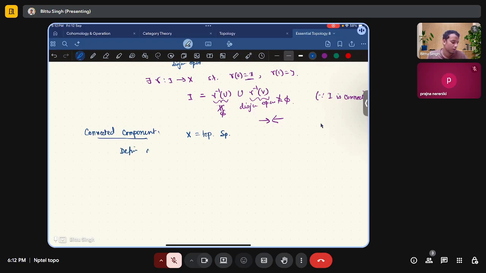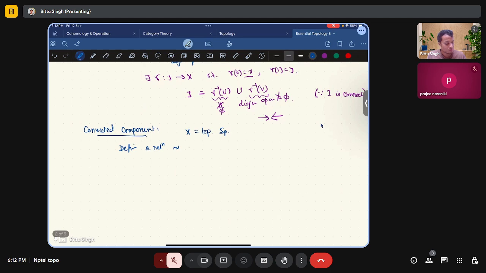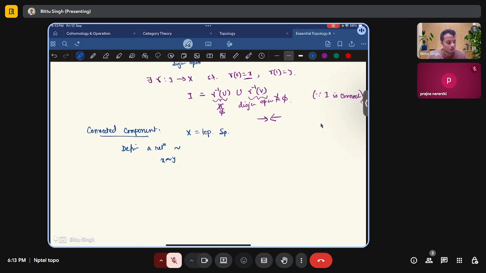Define the relation by this: x is related to y, where x and y are two points belonging to X. X is related to y if and only if x comma y belongs to a connected subspace of X.